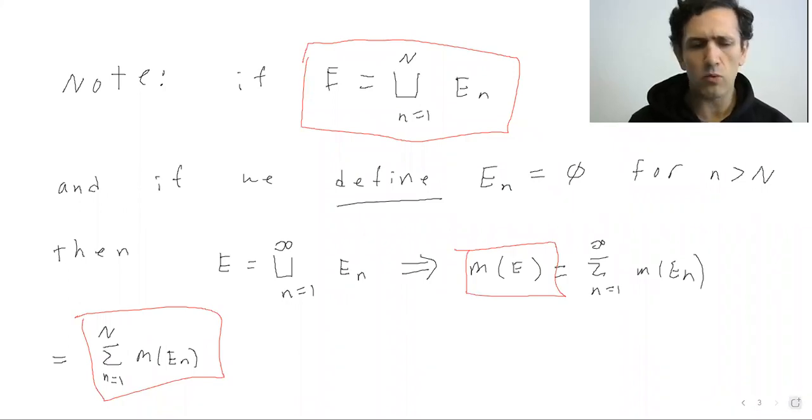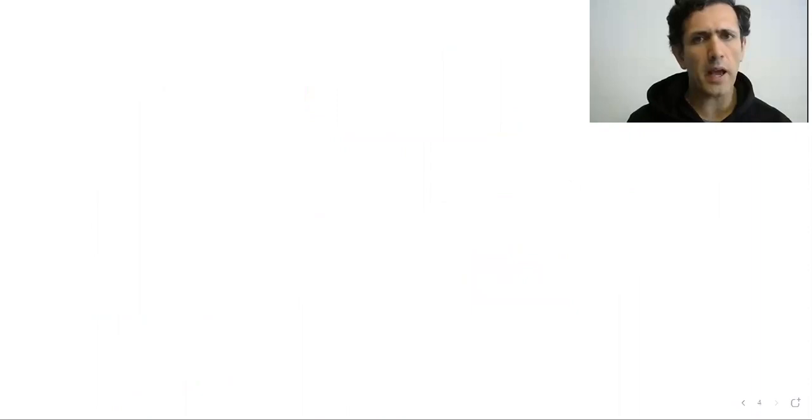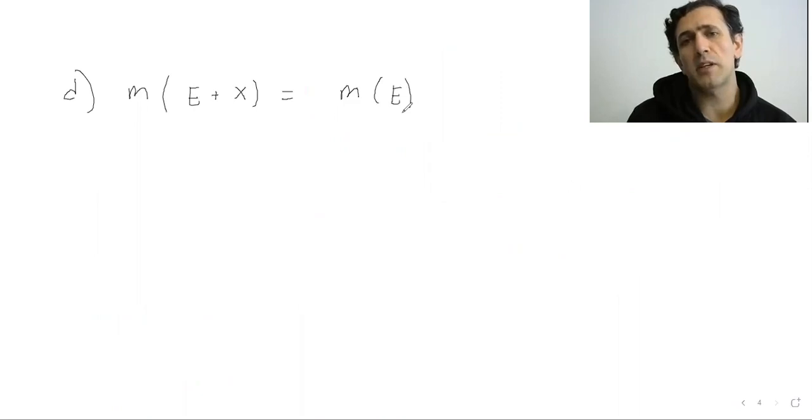Okay, right. And last but not least, the last property we want is that if I have a subset of the real line and little x is any element of the real line, any real number, and if I translate E by x, in other words, I basically move E, then I better get the same size. I mean, that makes intuitive sense. You take a subset and you move it, you've just moved it.